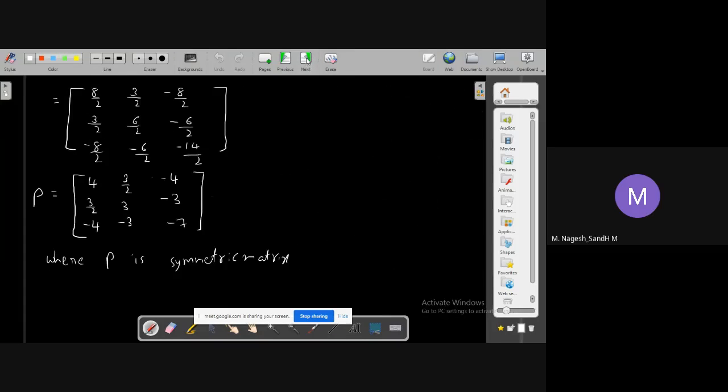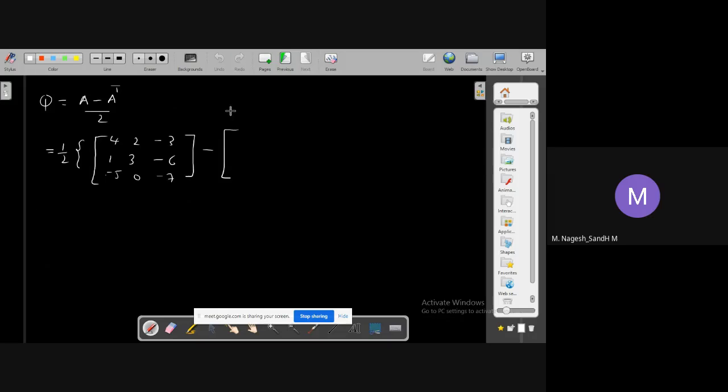So A transpose, what is it? 4 1 minus 5, 2 3 0, minus 3 minus 6 minus 7. Okay, very good. So now listen here. A matrix is 4 2 minus 3, 1 3 minus 6, minus 5 0 minus 7. A transpose is 4 1 minus 5, 2 3 0, minus 3 minus 6 minus 7.